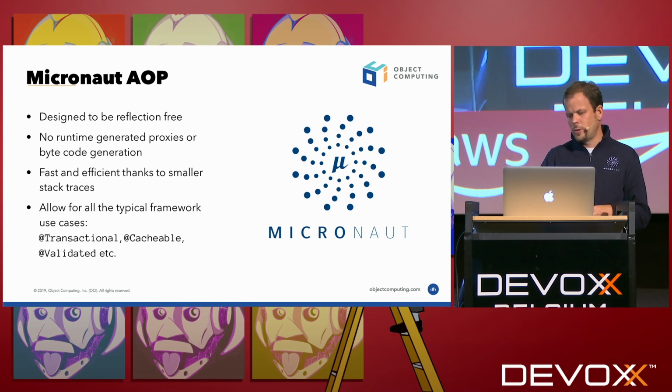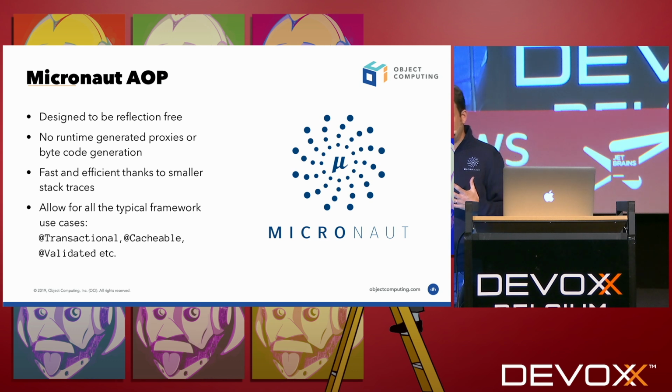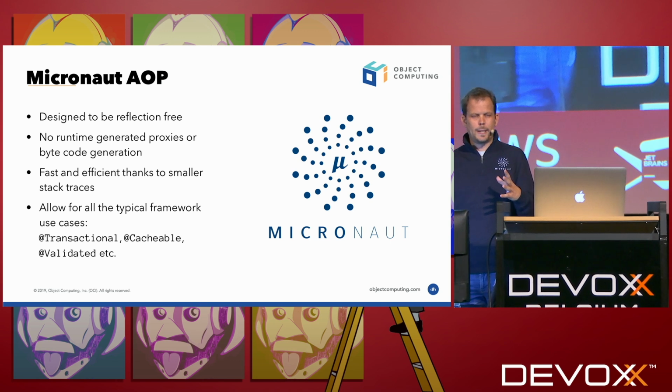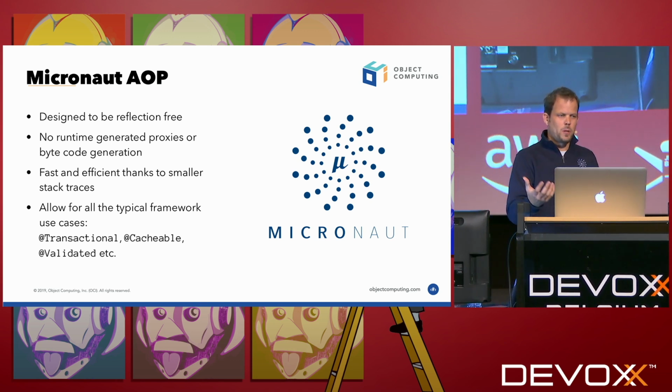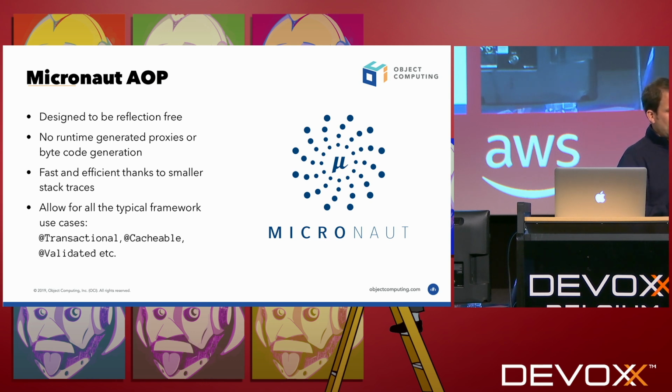So the way traditional AOP systems work is that, at runtime, they generate a proxy using the JDK proxies. The problem with JDK proxies is that, one, they use reflection, so you're paying a reflection cost there, and two, they only work for interfaces.